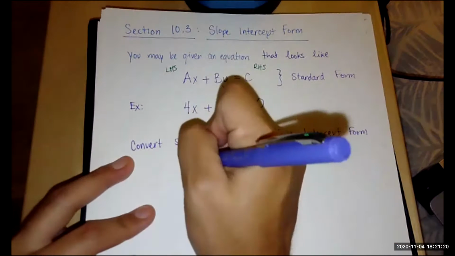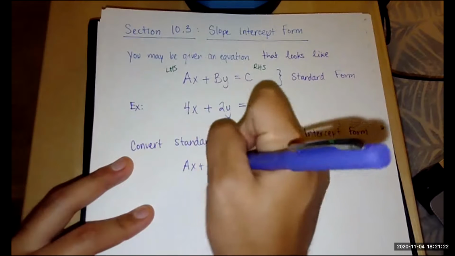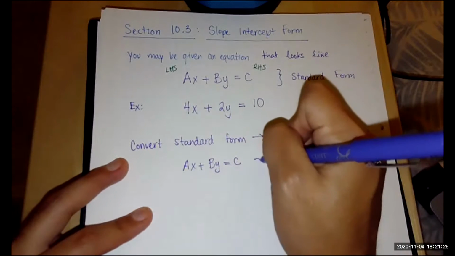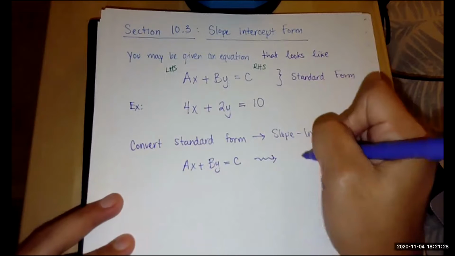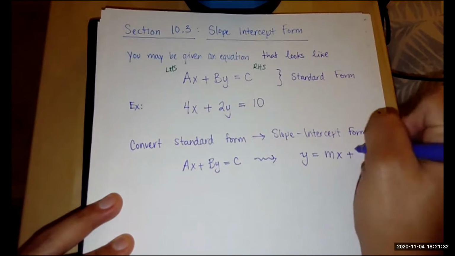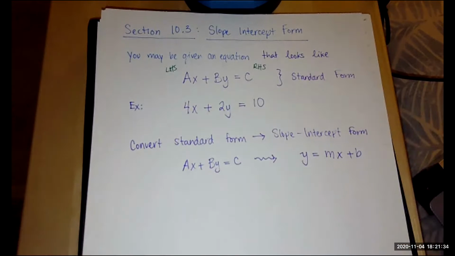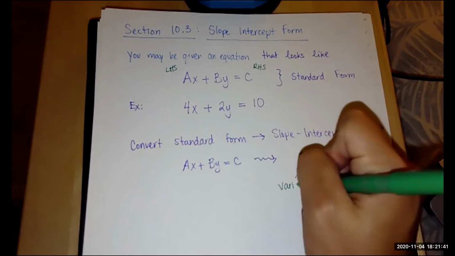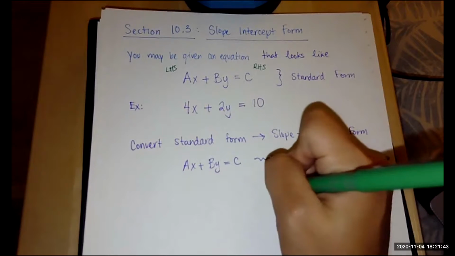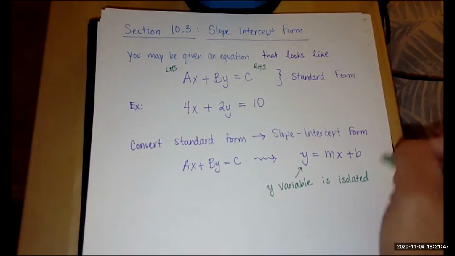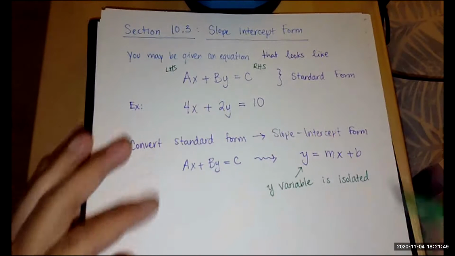We can take this equation, Ax plus By is equal to C, and manipulate it so that we get it in the form y equals mx plus b, where now the variable y is isolated and everything else is on the right-hand side.